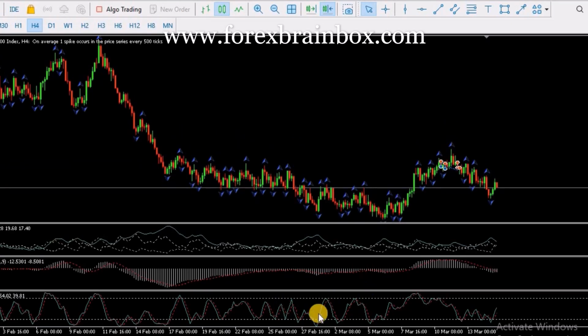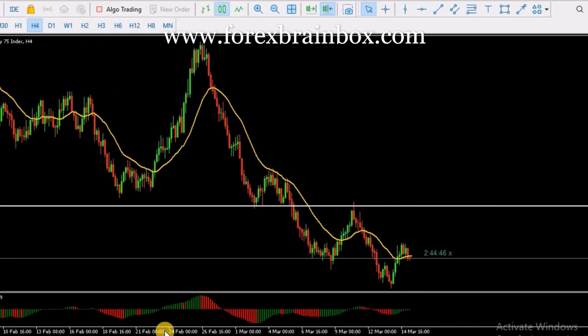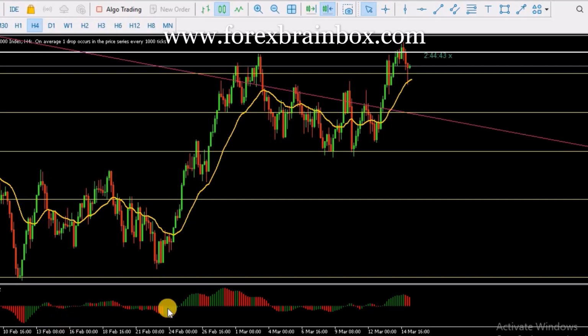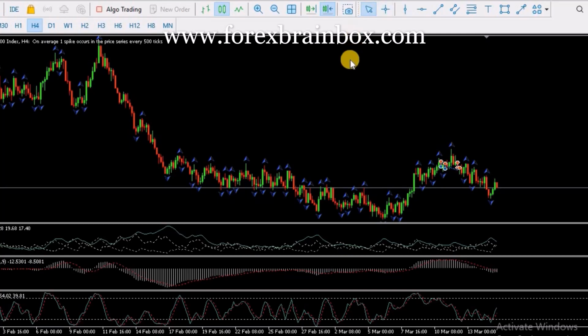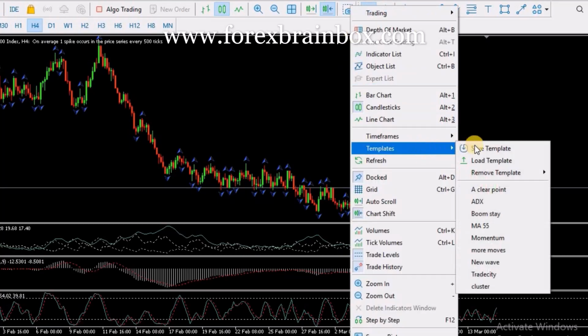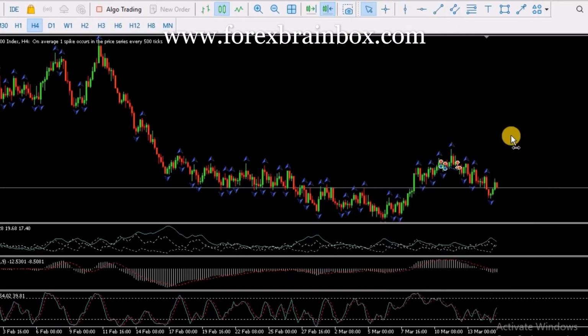You want your chart to be clean and clear, right? Hold on, I'm trying to see how I can access Boom 500. Okay, let me change this so that you can see. Oh, you understand what I mean by messy charts.